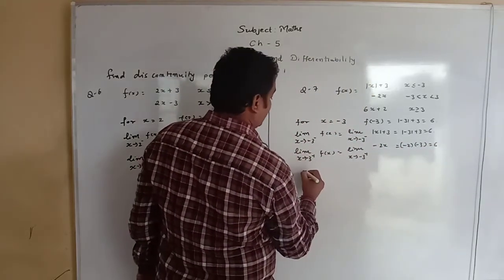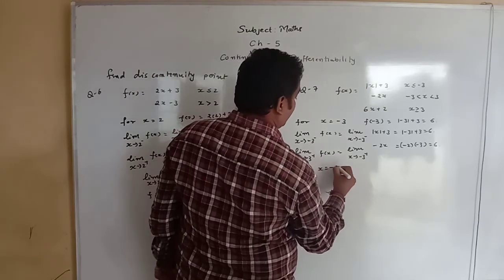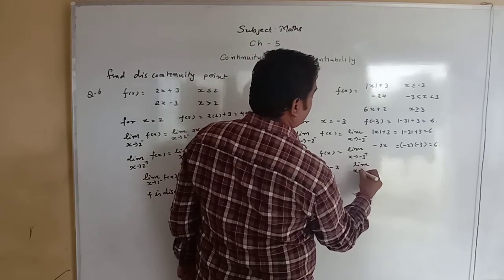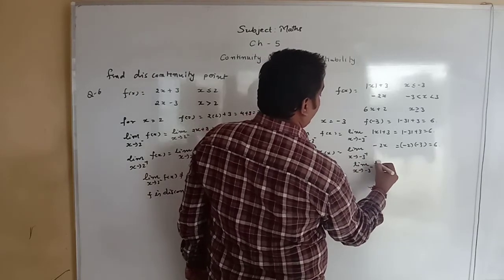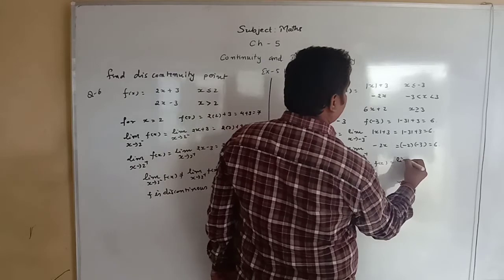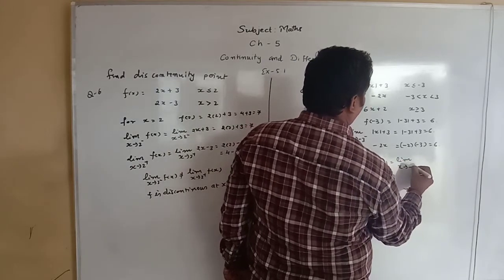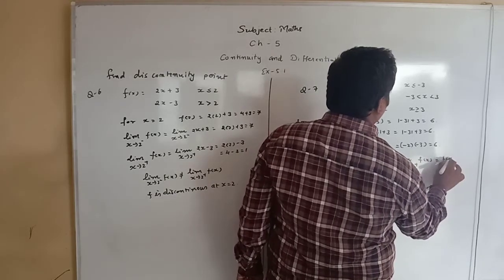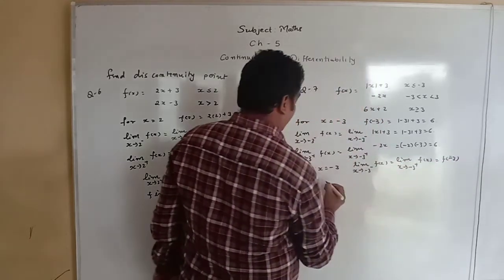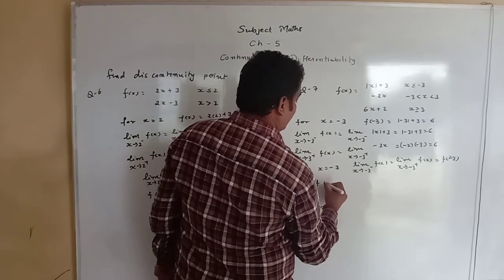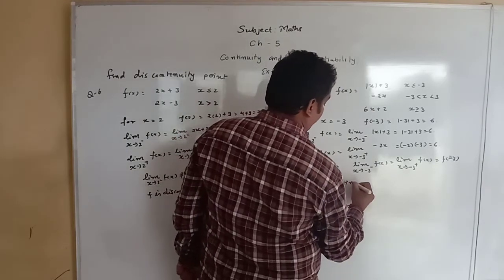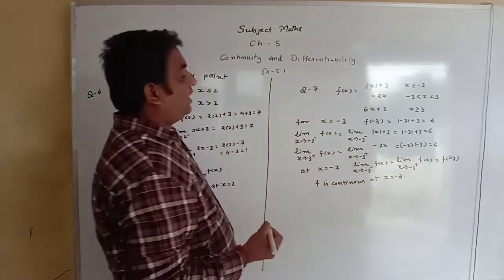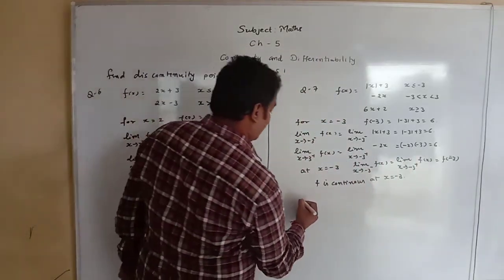So at x equals minus 3, all three are equal: limit x tends to minus 3 minus f(x), the left limit, limit x tends to minus 3 plus, the right limit, and f(minus 3) are all equal. So f is continuous at x equals minus 3.